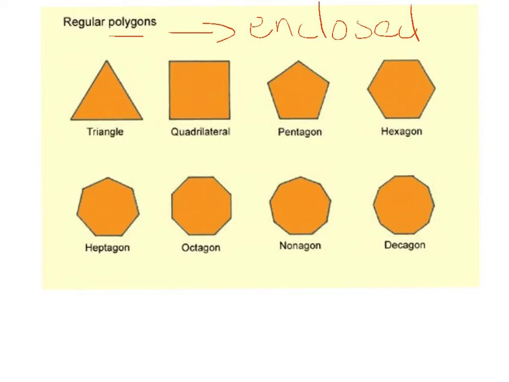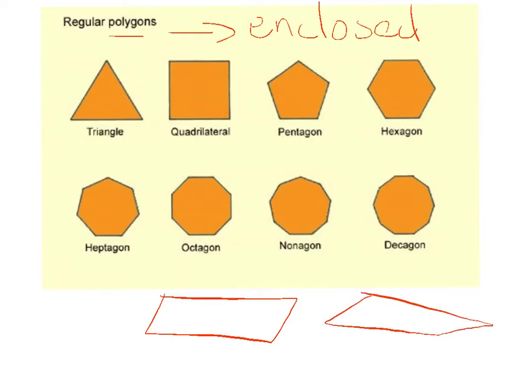These are called regular polygons because these are the regular shapes. But you can have polygons, and if you imagine these are straight lines, something that looks like this. That's a polygon. Or even weirder, that's also a polygon, because again the shape is enclosed, and that's the key point.